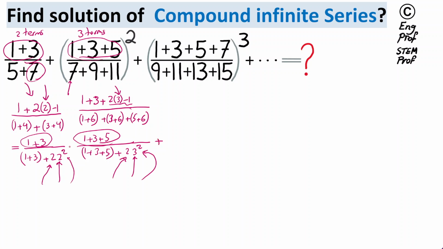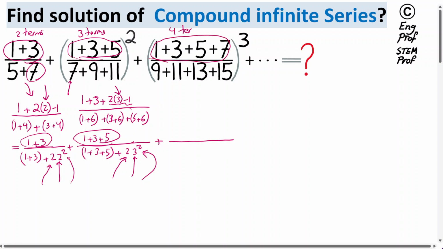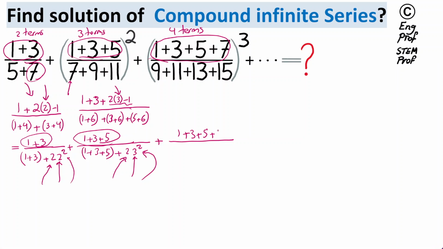No wonder that if I keep doing this, for the third term, which is 1 plus 3 plus 5 plus 7, there are 4 terms in the numerator and denominator, and I have exactly the same property showing up. So it would be 1 plus 3 plus 5 plus 7, and instead of 9 I can write 1 plus 8, instead of 11 I can write 3 plus 8, 13 is 5 plus 8, and 15 is 7 plus 8.